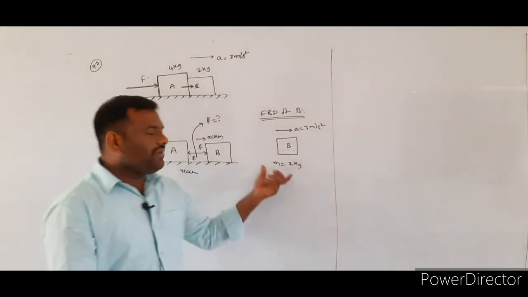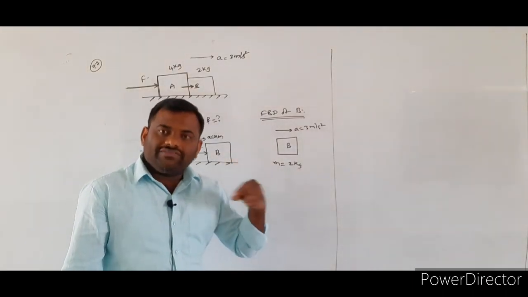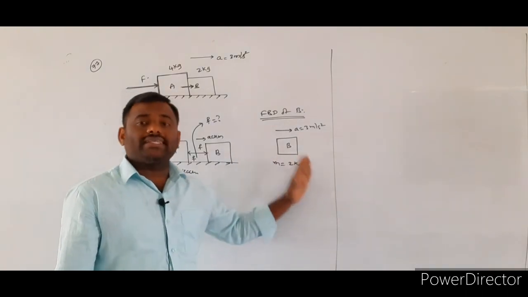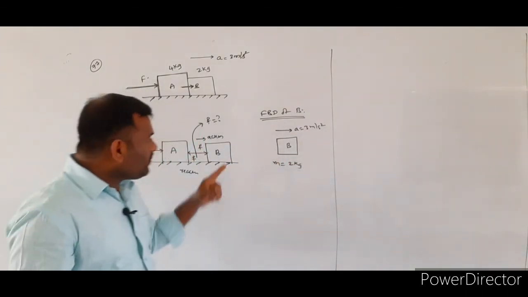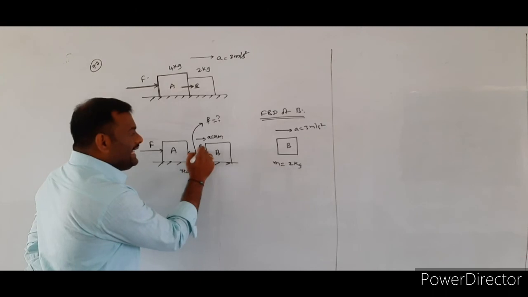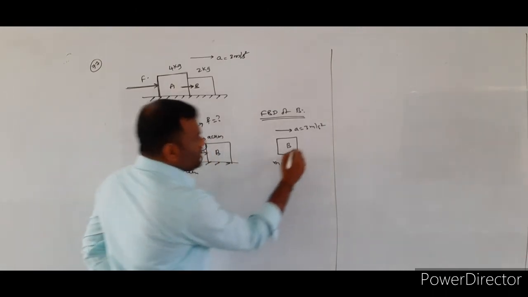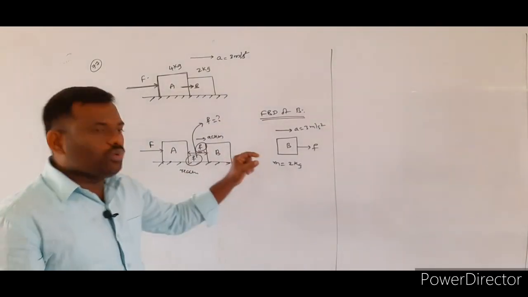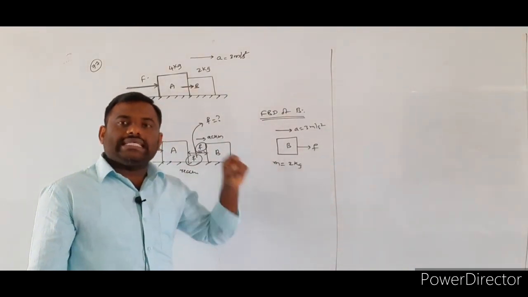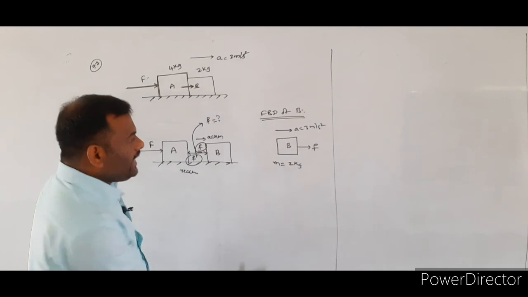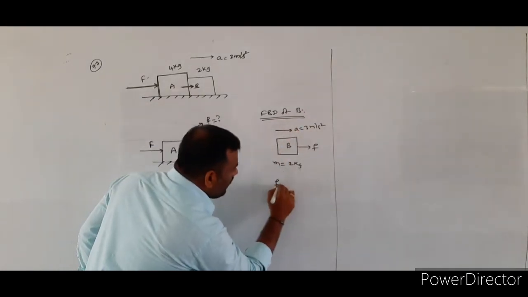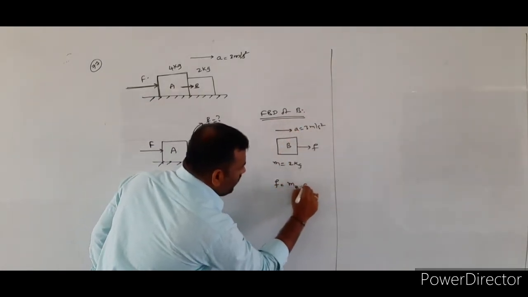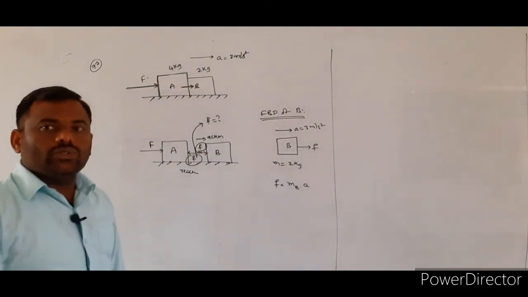Whenever the object has some definite acceleration, some force must be acting on that block. What is the force acting? Here it is nothing but the contact force. So the block B comes into motion due to the contact force exerted by the block A. According to Newton's second law, force f is equal to mass of the block B into acceleration.